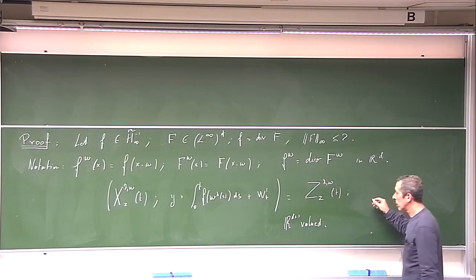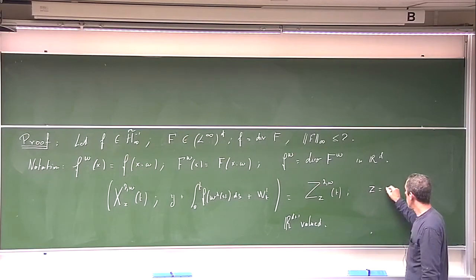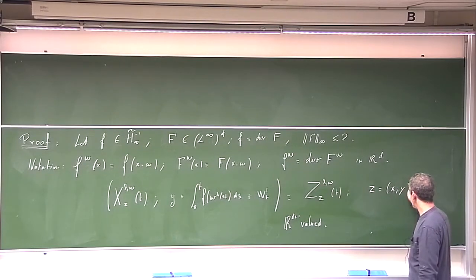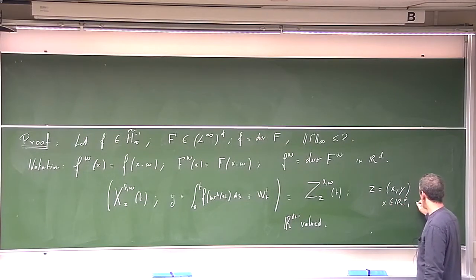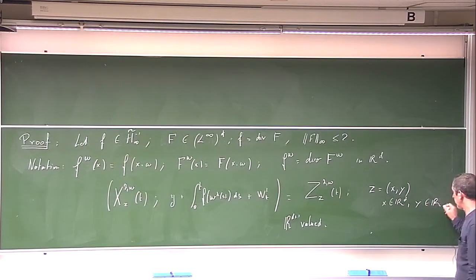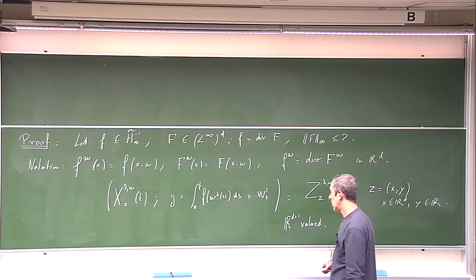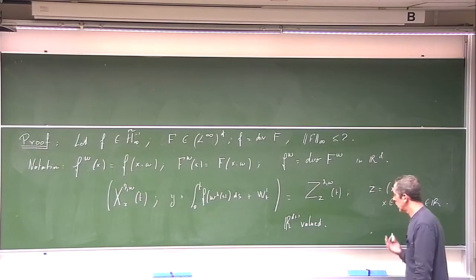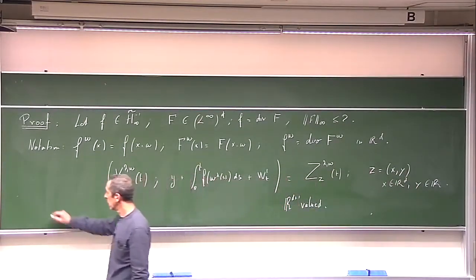And a typical point z in R^d plus one, I will write as a couple (x, y), where x is in R^d, y is in R. And this W1 is an independent one-dimensional Brownian motion.